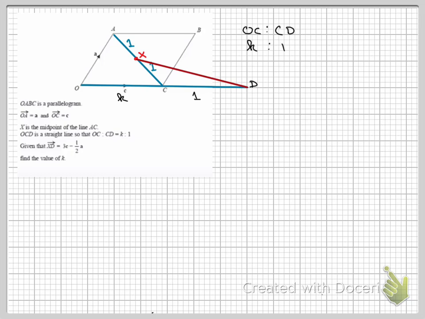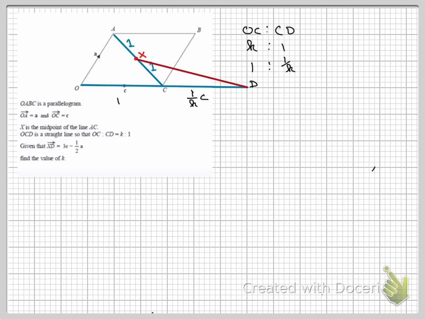Well, I know that O to C is the vector C. So I'd like to have this as the 1, so I'm going to divide both sides here by K. So I get 1 and then 1 over K. That will give me 1, which means this is now the vector C, and this is going to be 1 over K, C.